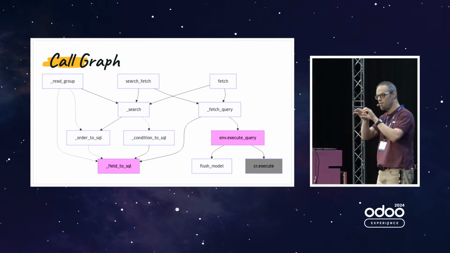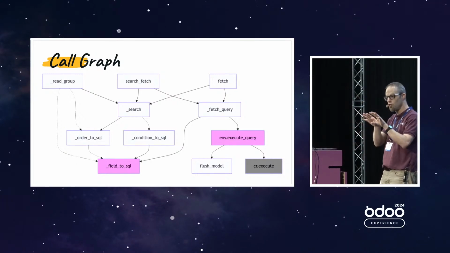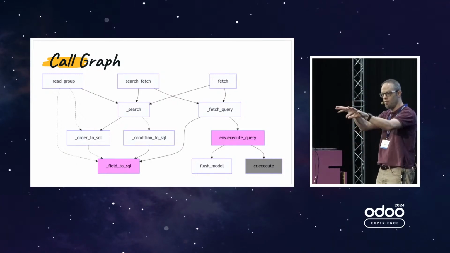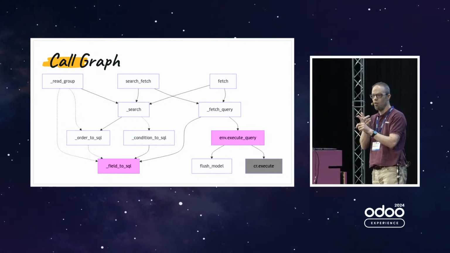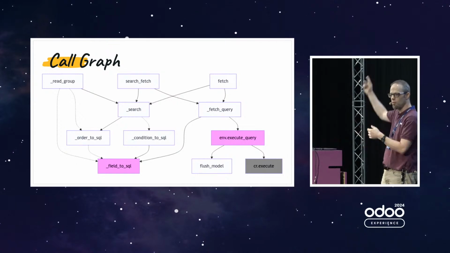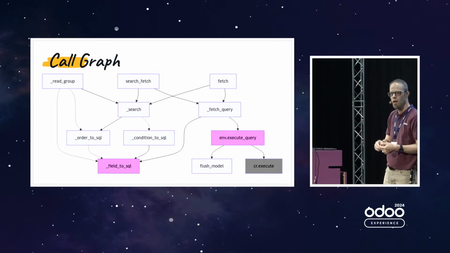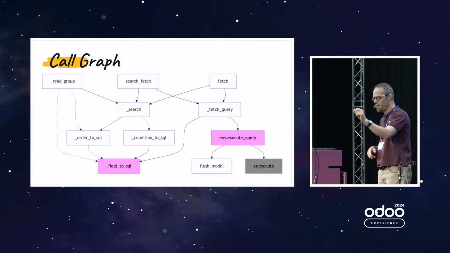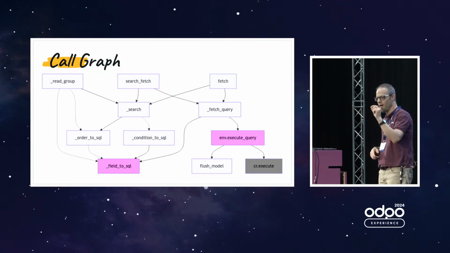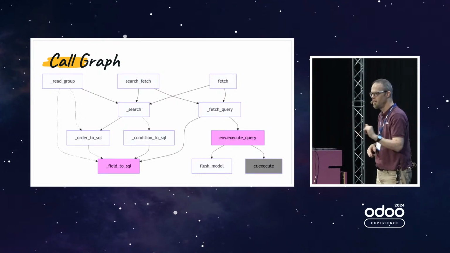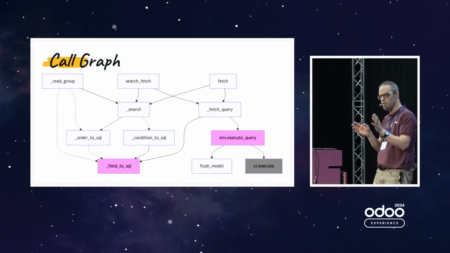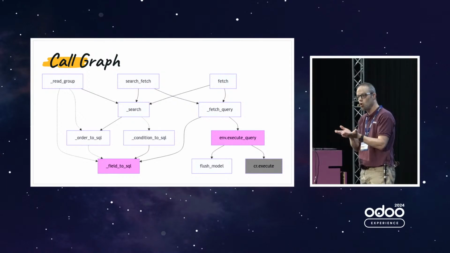And potentially, if the expression is more complex, you may know that all that's inside there should be flushed if it's part of an order by or a condition. When it comes from fetch query, actually fetch query will call field to SQL by saying it doesn't need to be flushed, by the way. But otherwise, by default, field to SQL knows what to flush.